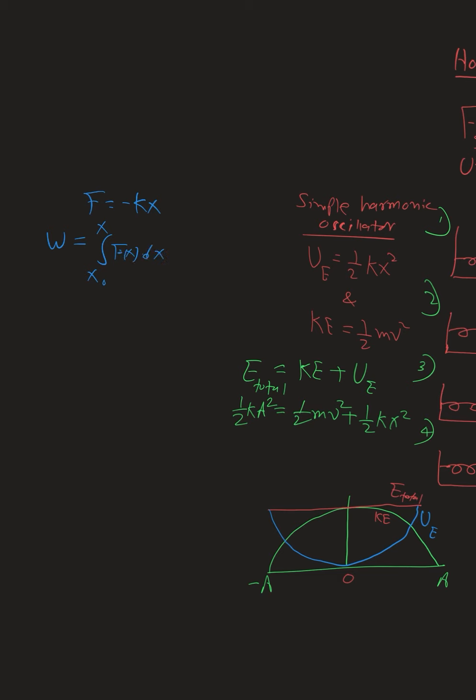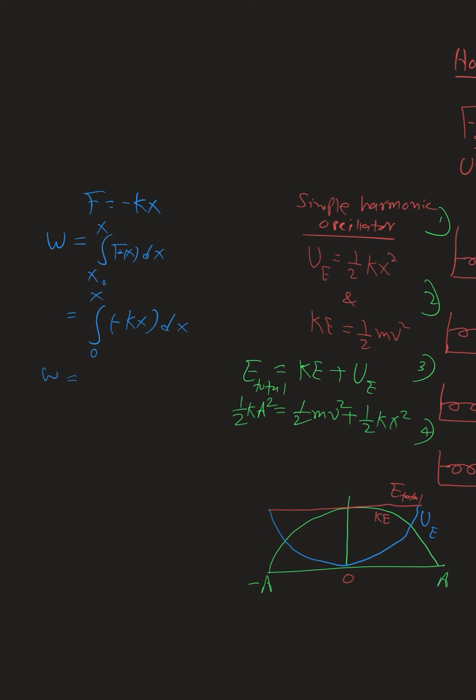But I know the spring force is always going to be negative kx. I can integrate negative kx dx, and I will go from equilibrium position 0 to some distance x.